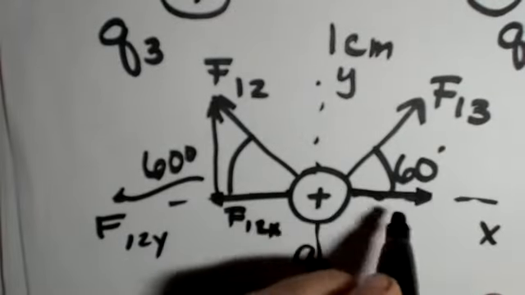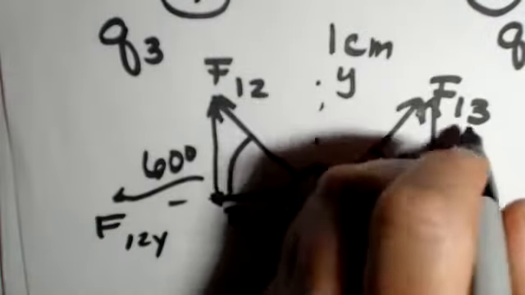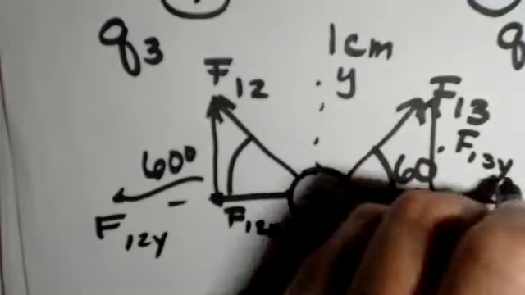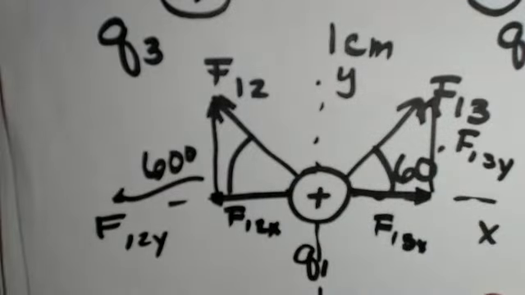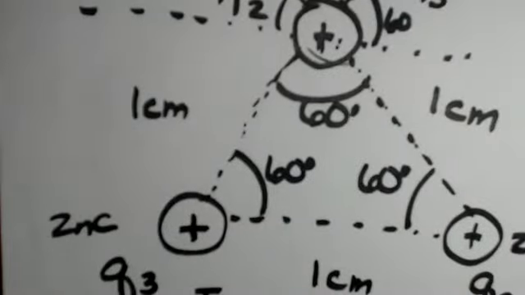And I've got F13X like that, and F13Y like that. Okay, so I break those up into their X and Y components. Now what I'm going to do to find the total force is remember what my picture looks like and come back to it if I need to, and I'm going to write out the X and Y components of that force.